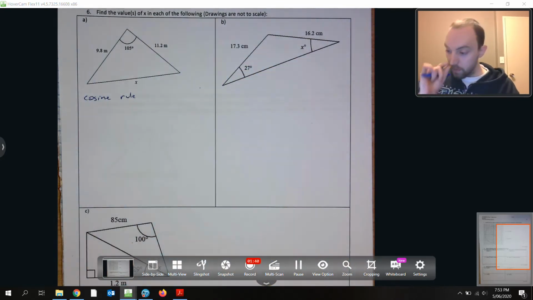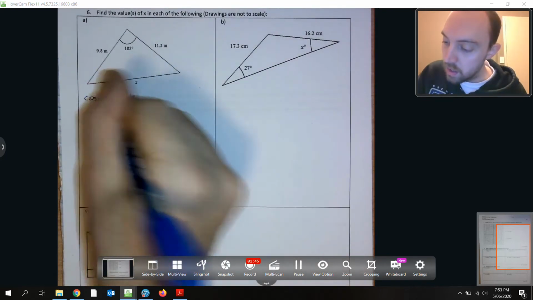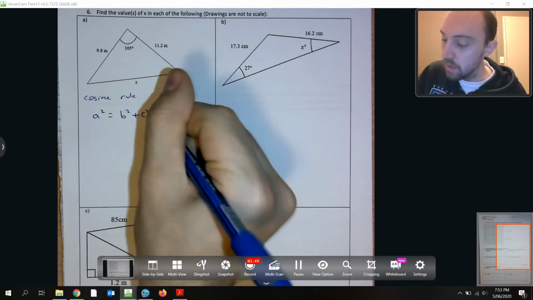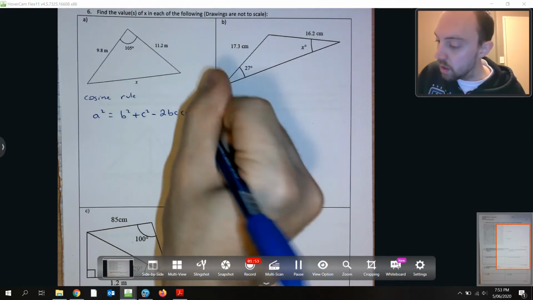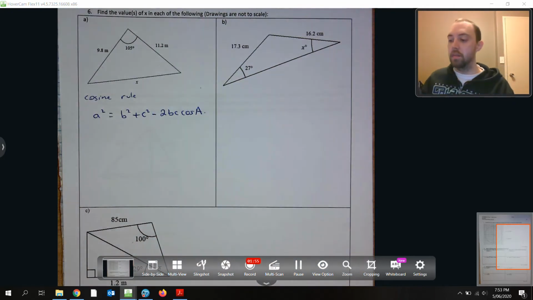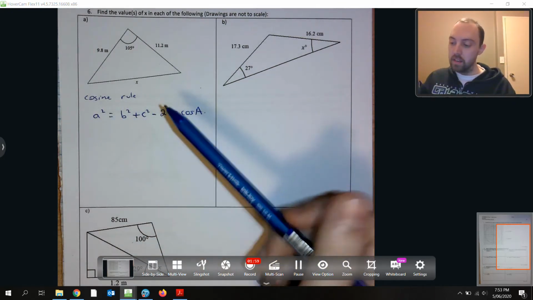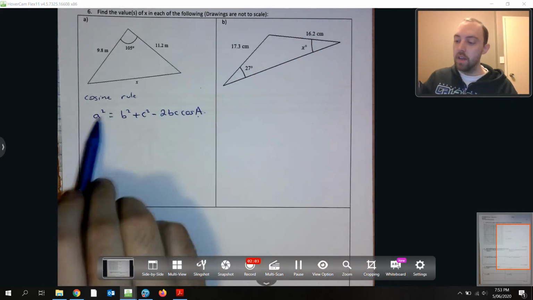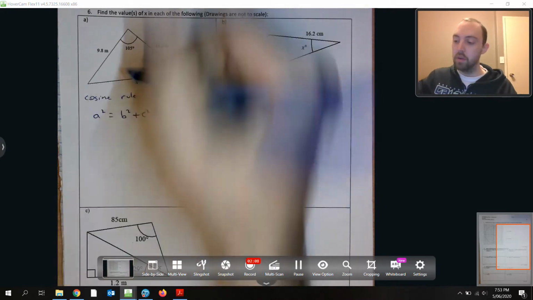Cosine rule, we are looking at a squared is equal to b squared add c squared take 2bc cos of a, and you might see it differently. Doesn't matter what's a, b, and c, but the angle and the side that we're trying to find have to be opposite one another.